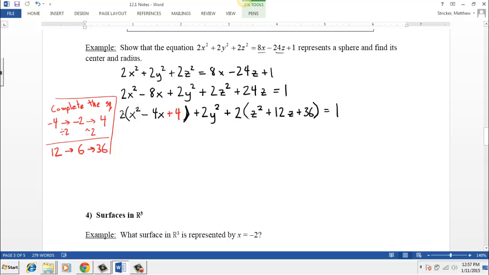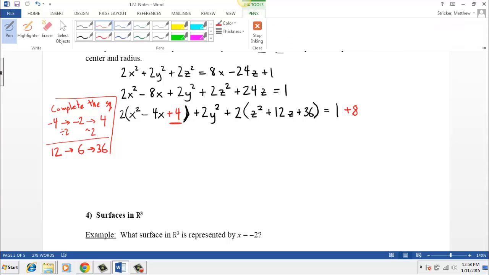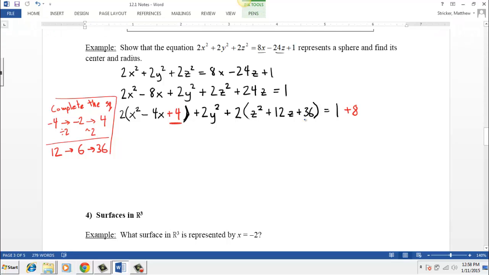I added 2 times 4, which is 8. So we need to add 8 here to coincide with that. And then we need to add how much for this part? Well, not 36, but 2 times 36, which is 72.